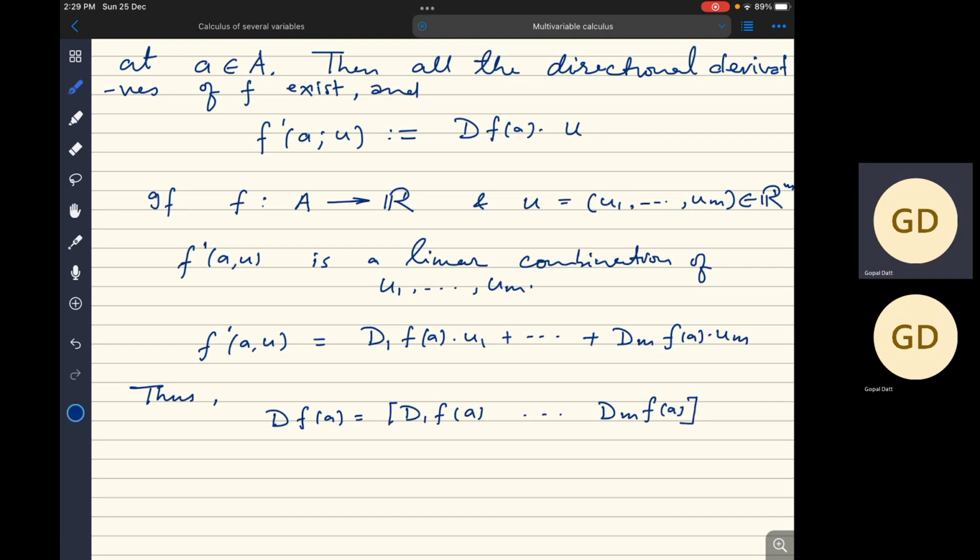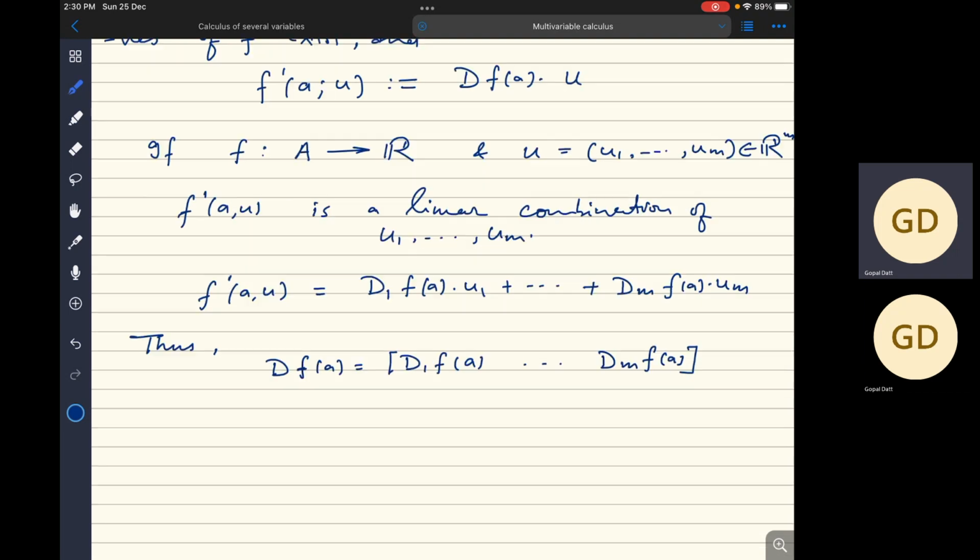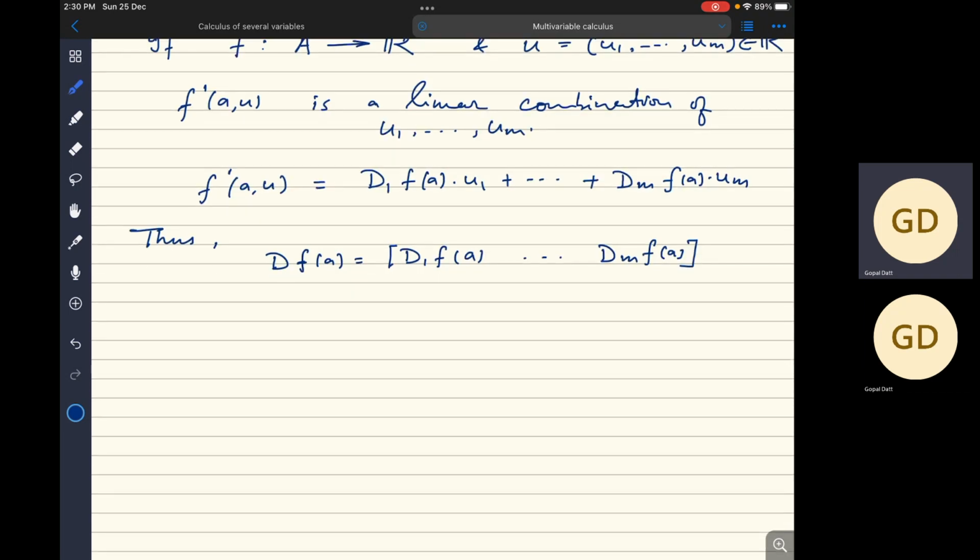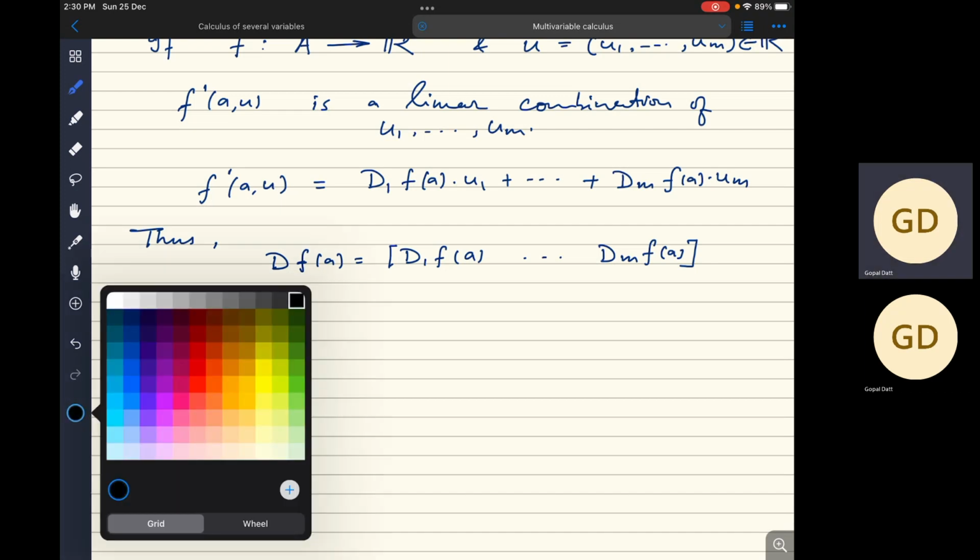This is the gradient of f. Let us see the same thing. So as I told you in earlier classes, the derivative of a vector valued function is given by a matrix. Okay, so now let us go and find that matrix.